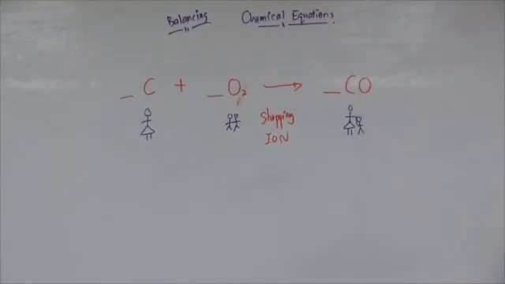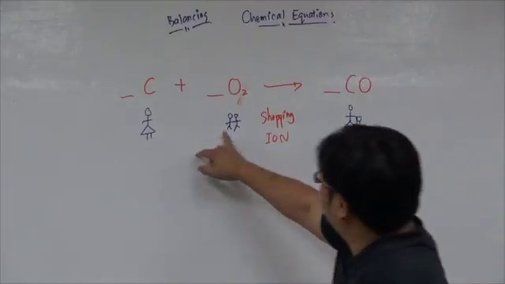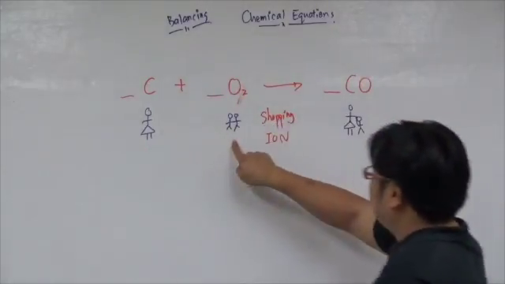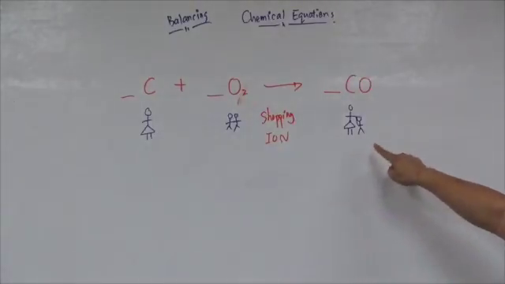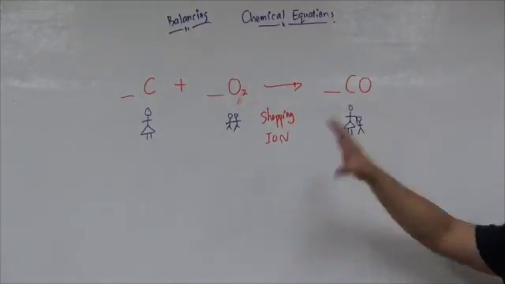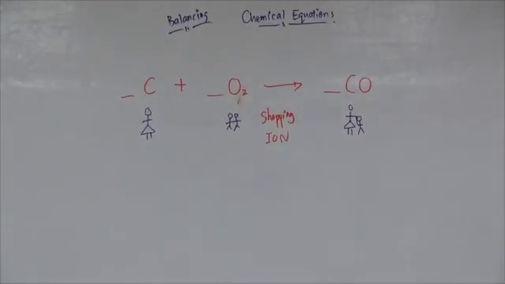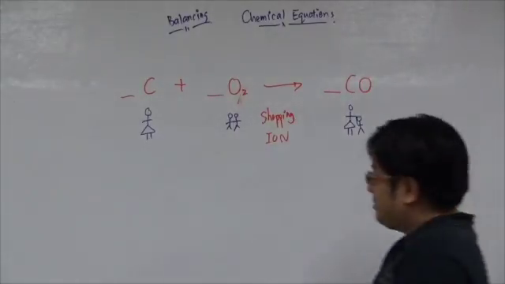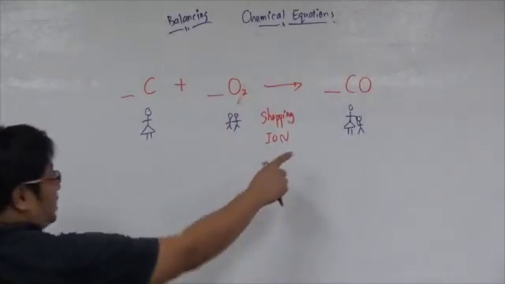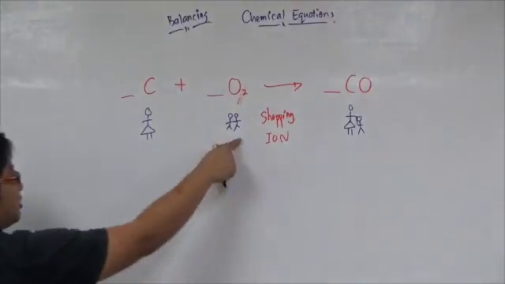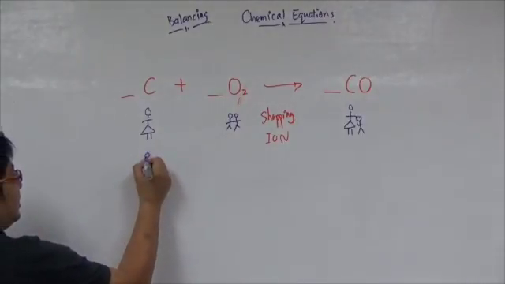So how are you going to make sure that when the two boys come in, they have to hold hands too? When you count, there's only one lady here and two boys here, and one lady here and one boy here. So how are you going to put a 2 in front of the C? Since now there's every one lady with a boy, and there are two boys here, maybe I add another lady here.